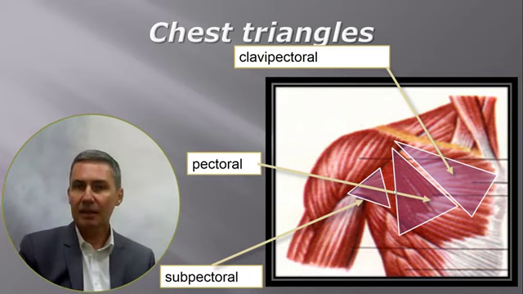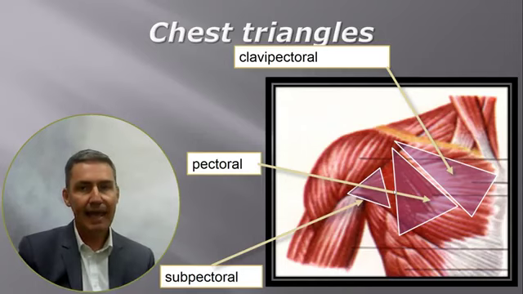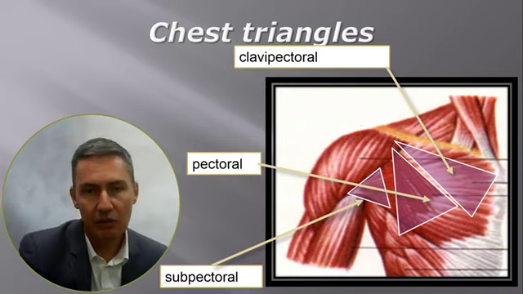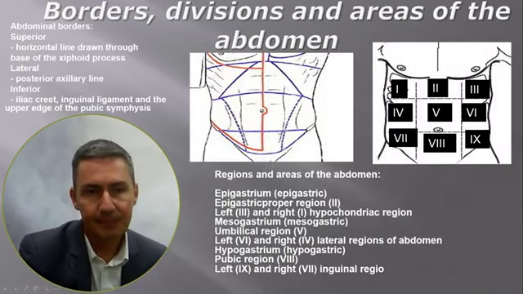These triangles are very useful in the description of the axillary artery. And in the future, during the study of angiology, of course, you will return to these triangles of the chest.